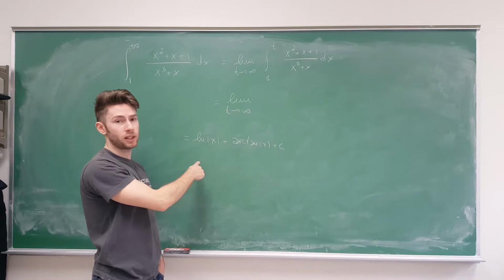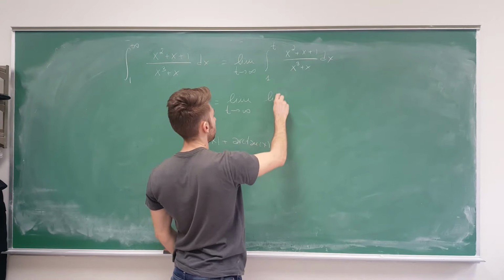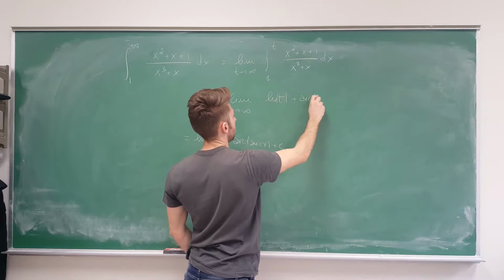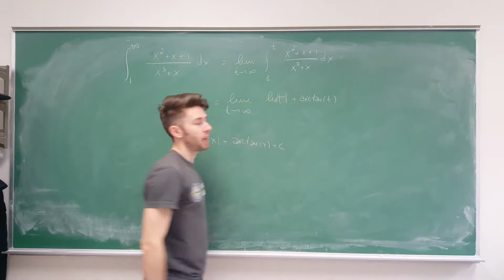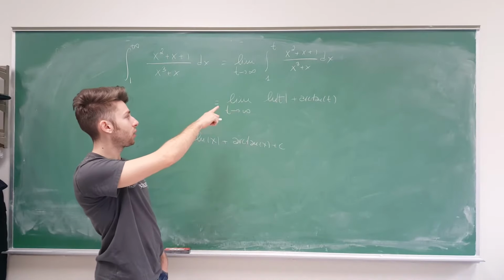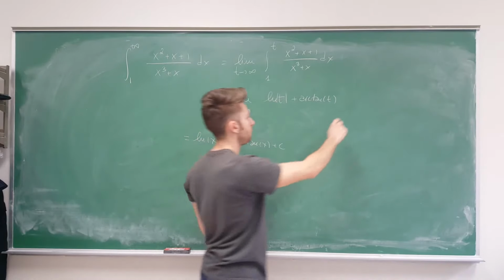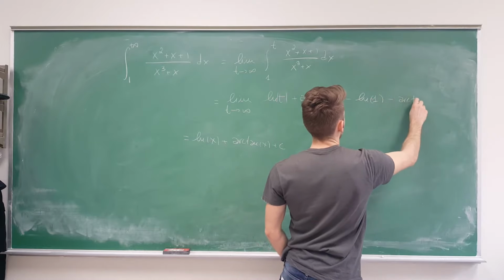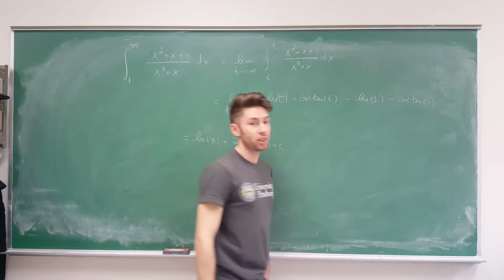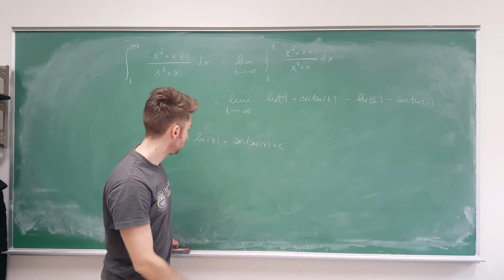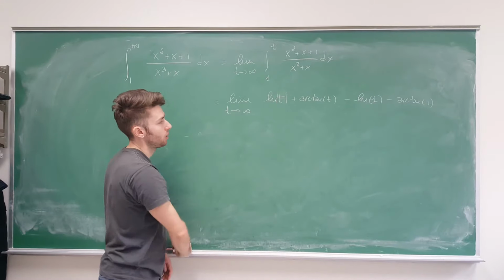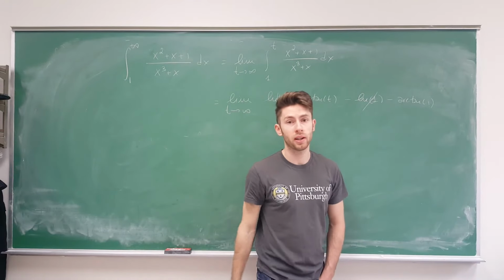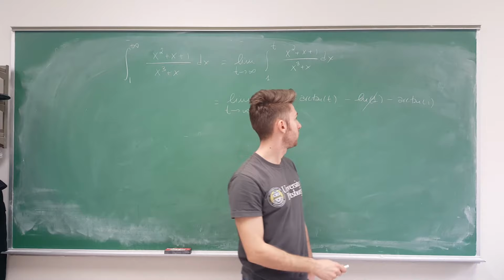So first you plug in t, you get ln of t plus arctangent of t, and then you have evaluated 1, so you have ln of 1 and arctangent of 1. So ln of 1 is 0, so this is not here anymore, and arctangent of 1 is pi over 4.